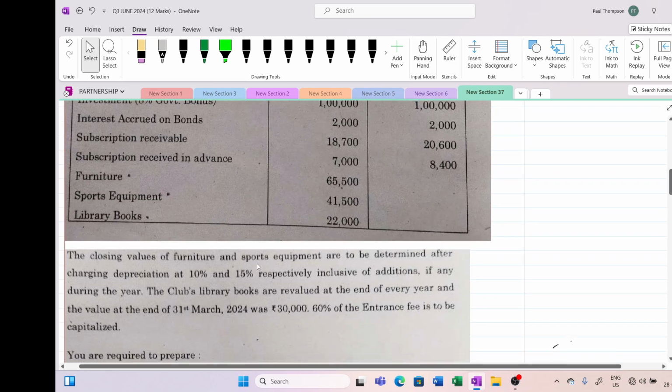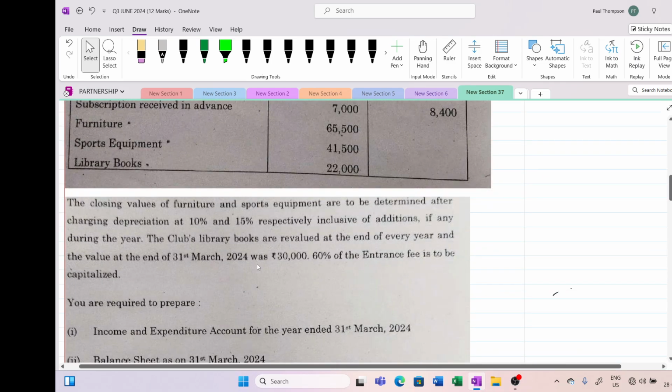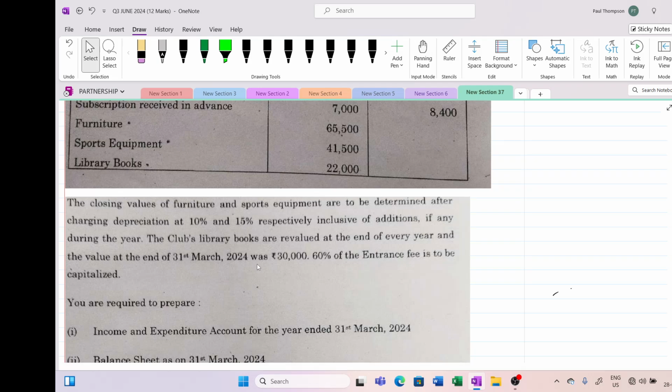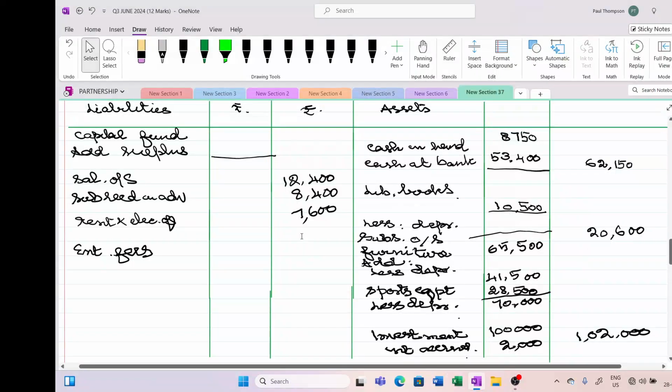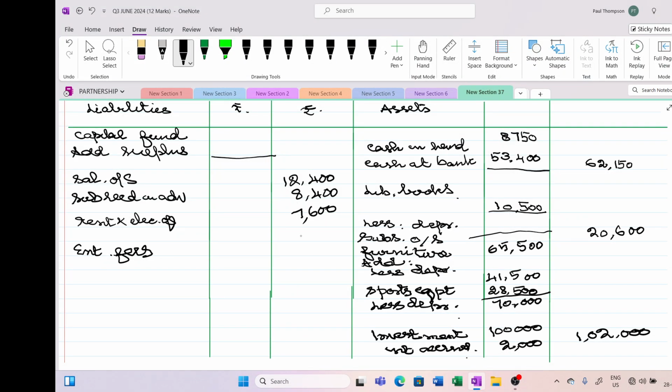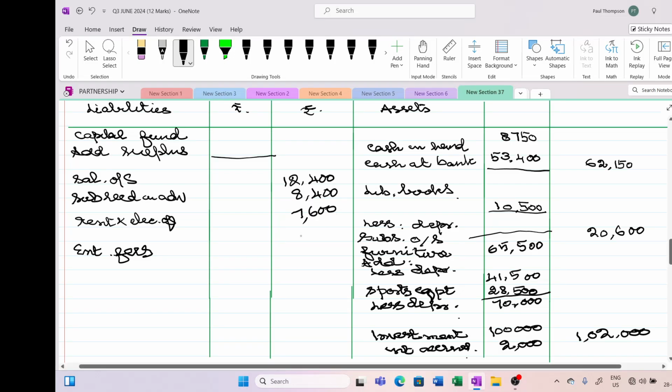Now I am moving to the last part. Last part says that the closing values of furniture, sports equipment to be determined after charging depreciation. Furniture 10 percent, 6,550.